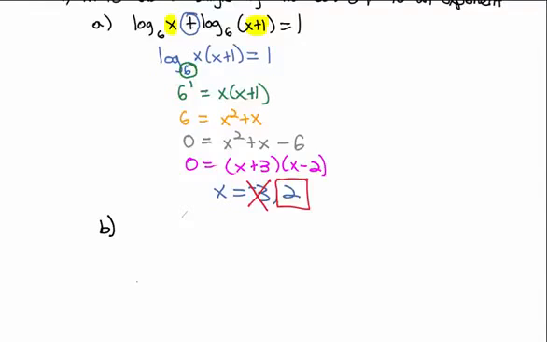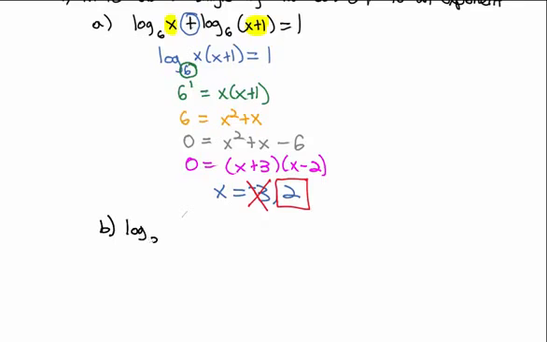We threw out the negative 3 because when we plugged it back in, it gave us a negative inside of a log. And we're going to see a few problems on the assignment and today where the negative is good and the positive is bad. Plug it back in. Does it make us take the log of a negative number? That's what's not allowed. How about this?